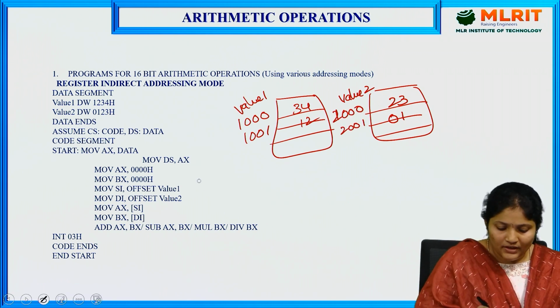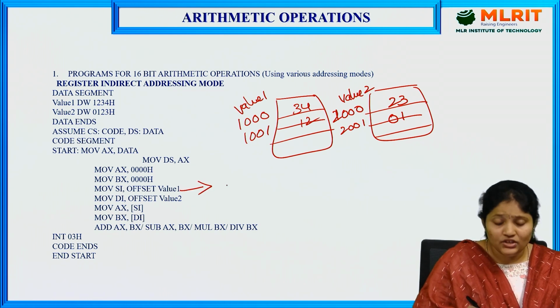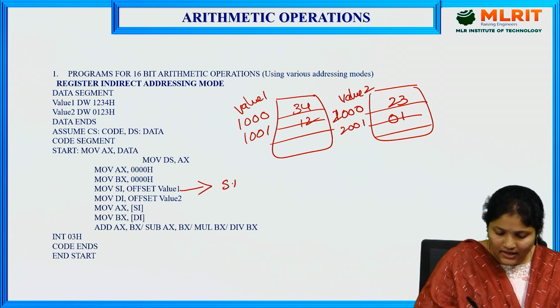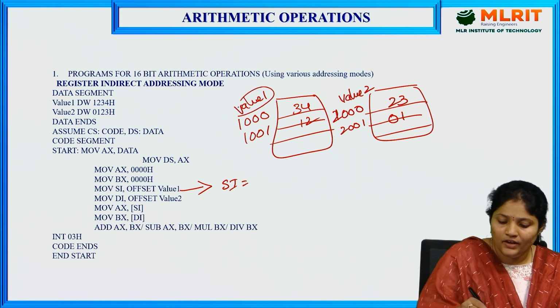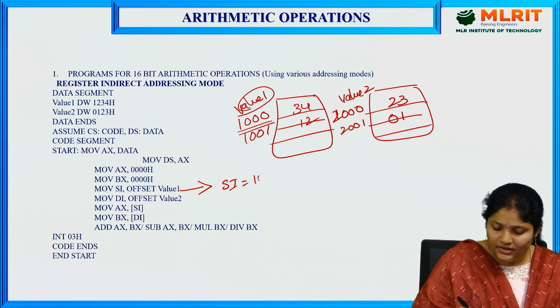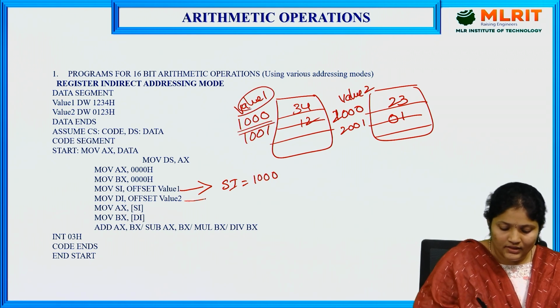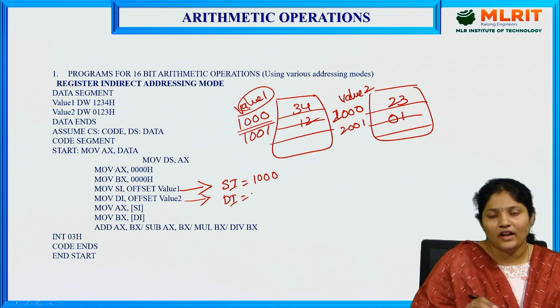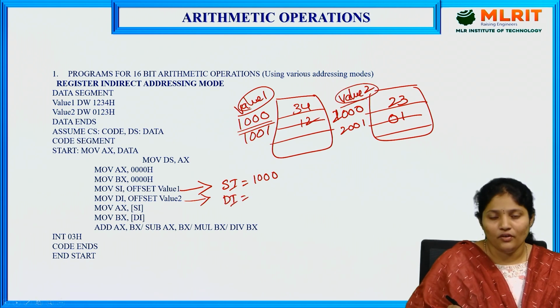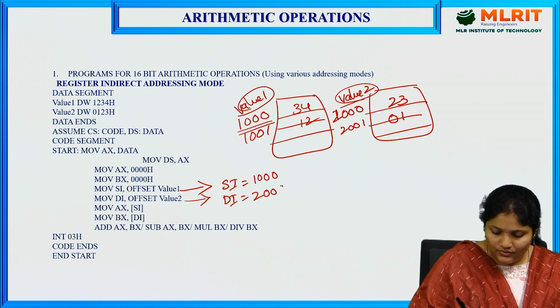Now what is this instruction saying? SI has the offset value of value 1, the starting address 1000. And DI has the offset value of value 2, which is 2000.